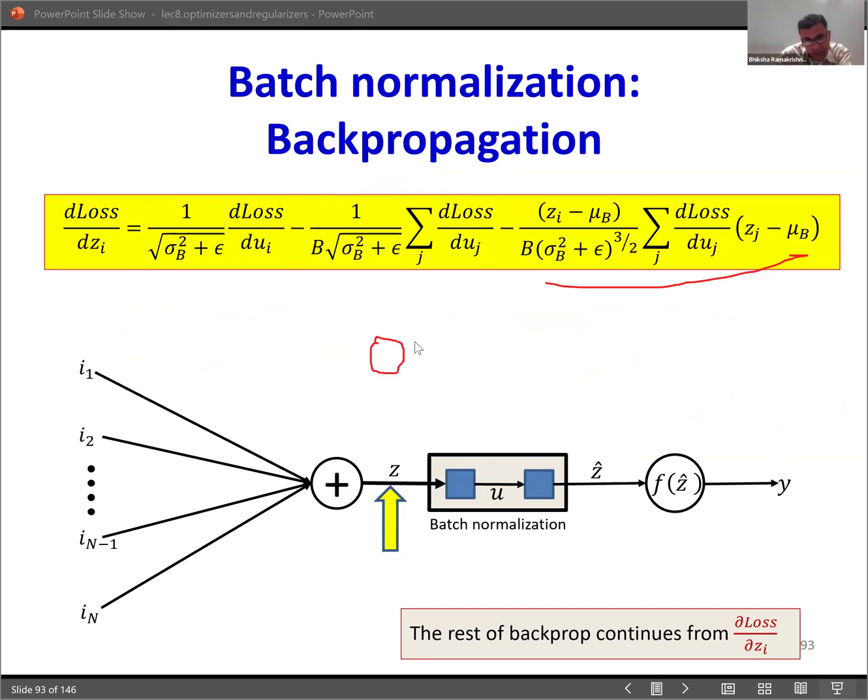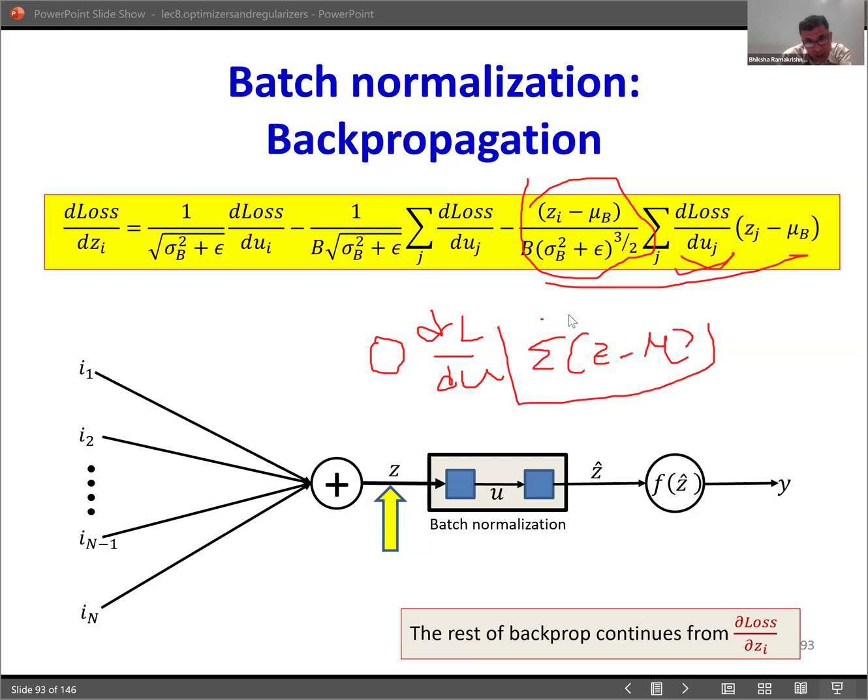So there's going to be some multiplicative term, which is this term, times dl over du, times, because this is no longer dependent on the index, the summation of z minus mu. And what is this term here? The summation of z minus mu? That's 0 also, right? So this term also becomes 0.